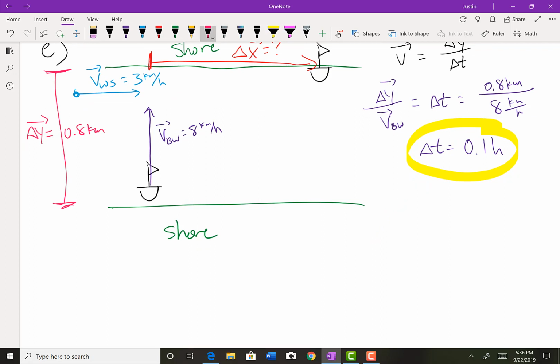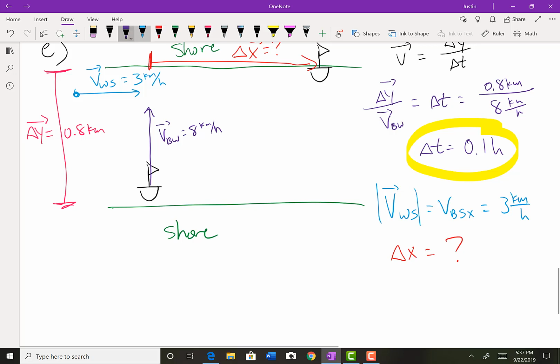So I know that the velocity of the boat, which is the water with respect to the shore, is going to be the velocity of the boat with respect to the shore in the x direction, and that's going to equal 3 kilometers per hour. And I also know that the displacement, well, I don't know the displacement, so I'm going to look for it, but I do know the time. It's 0.1 hours.